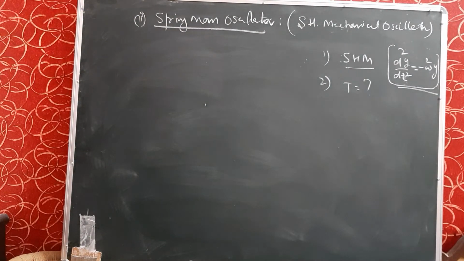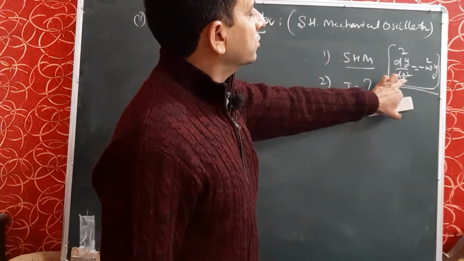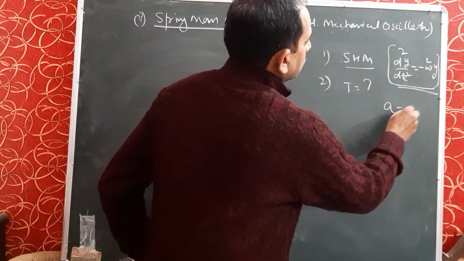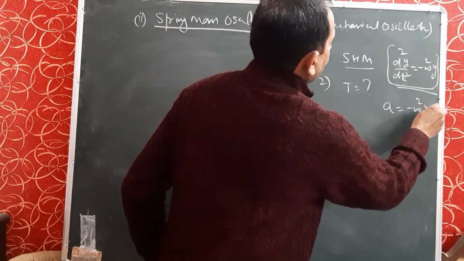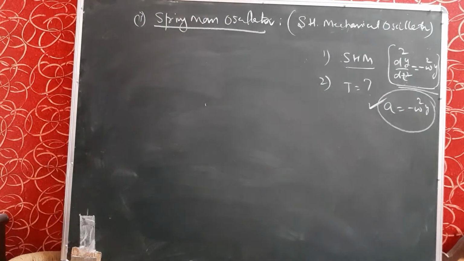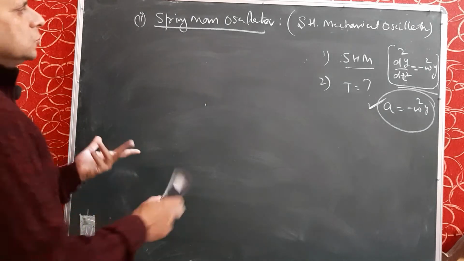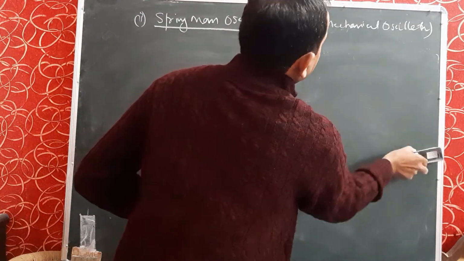Because d square y upon dt square is acceleration, so acceleration is equal to minus omega square y. We have to prove this formula first, because it is true only in oscillators or harmonic oscillators. Then we have to find the time period. So we will discuss in detail.